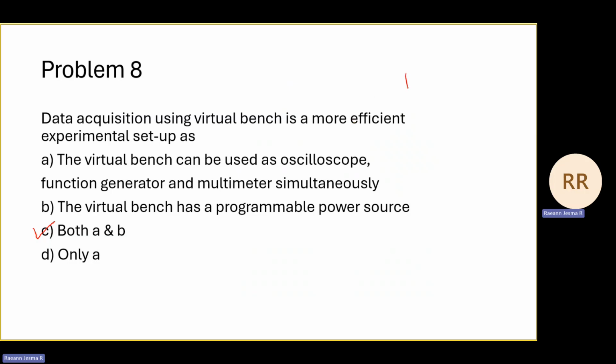It is all present in one single module, and this module can be connected to a computer. So that is what is called a virtual bench instrument.